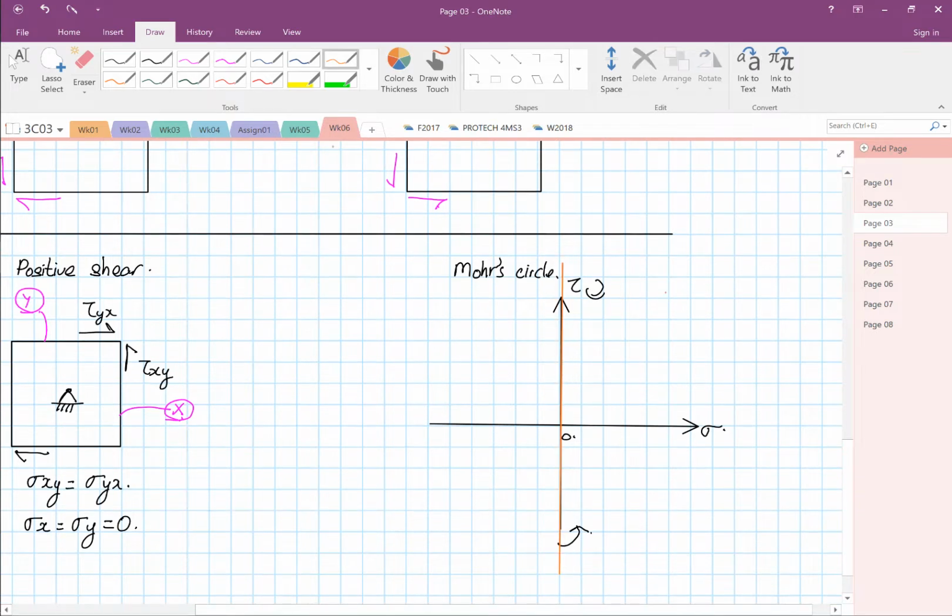Okay, now where is point x now? So let's focus on it. If you look at point x over here, I'm just going to use a slightly different color now. If you look at point x over here, this force shear xy, or the arrow, is going to generate the element rotation anti-clockwise about the pivot point O over here.